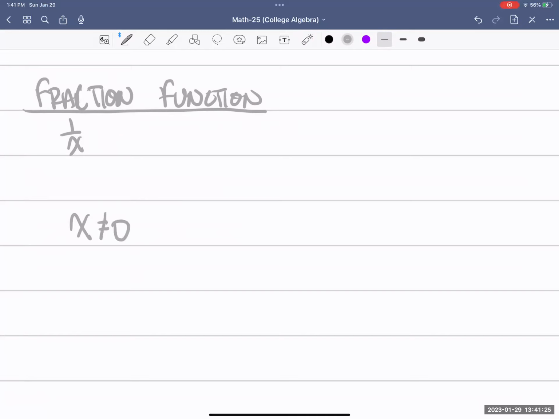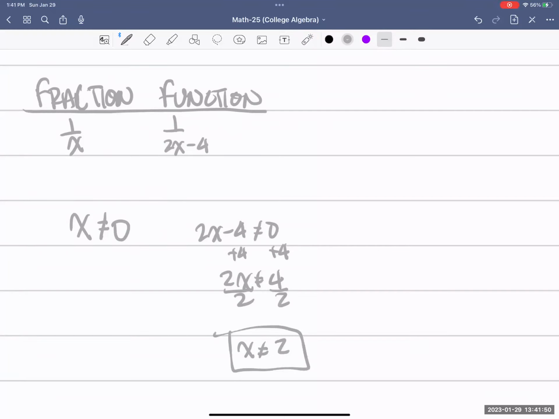That's going to tell us exactly where we're not allowed to be. Another example of this would be 1 over 2x minus 4. What we would say here is 2x minus 4 cannot be 0. And whatever solution we end up with is the only solution that we're not able to use in this case. So here we would say x cannot equal 2. As long as x does not equal 2, then we're okay here.